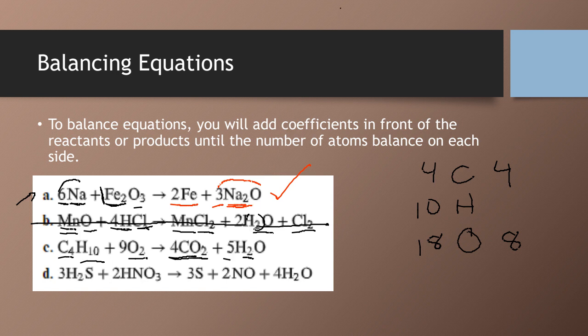So 5 H2s will give us 10 hydrogens, and then plus 5 more oxygens. 8 and 5 is only 13. And so again, here they're not balanced because there's the wrong number of oxygens on both sides.